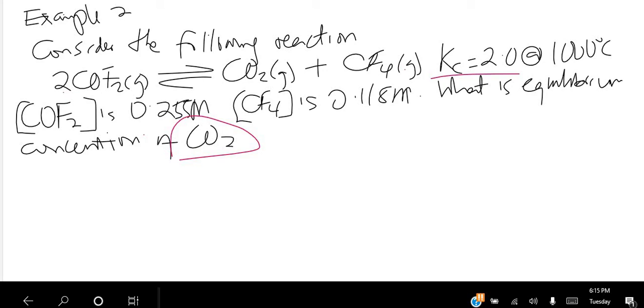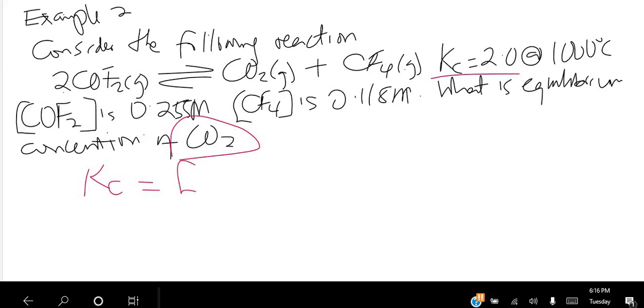So the first thing we need to do is to write the expression for our reaction. It's going to be our Kc, which is the concentration of the products over the reactants.